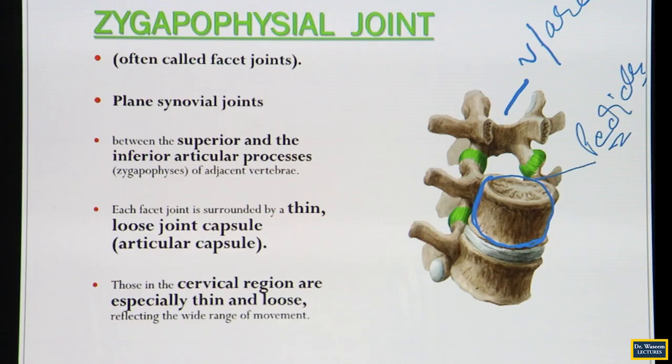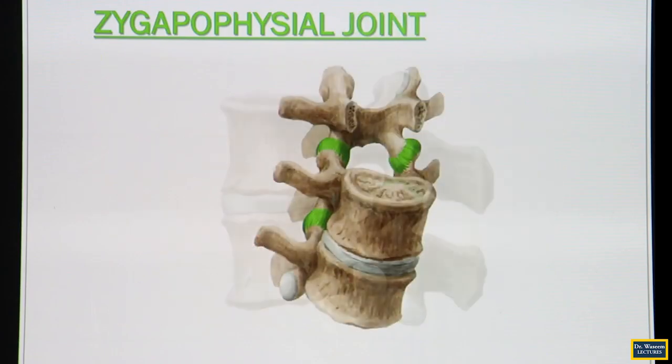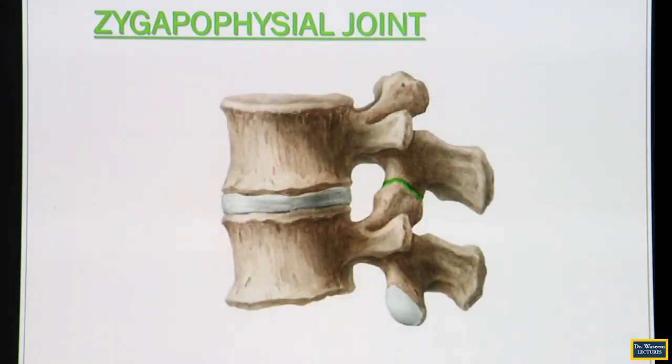So, this is the pedicle here, but from vertebra to vertebra we have joints also. The intervertebral disc is one, but the laminae of two adjacent vertebrae are also connected. The lamina has an upper articular process and a lower articular process also.